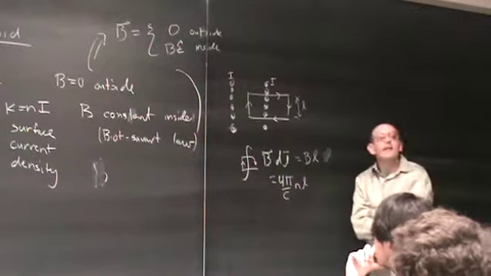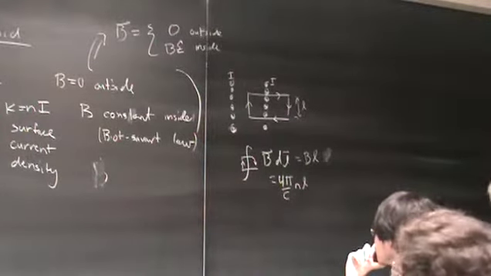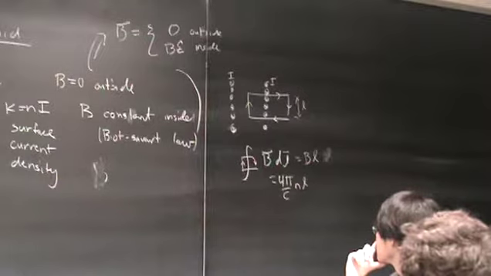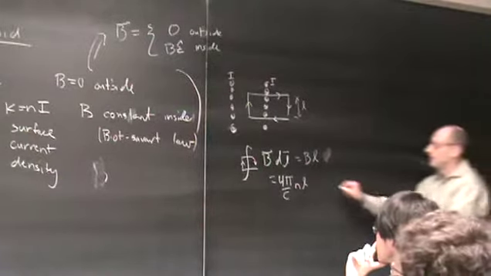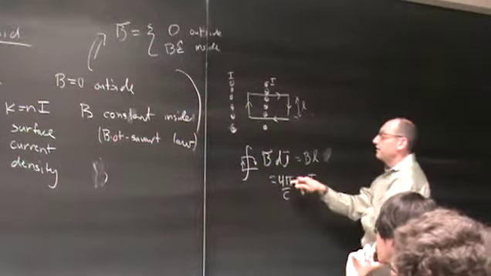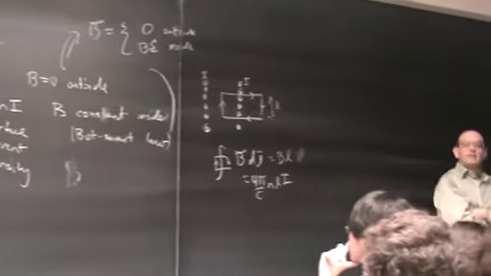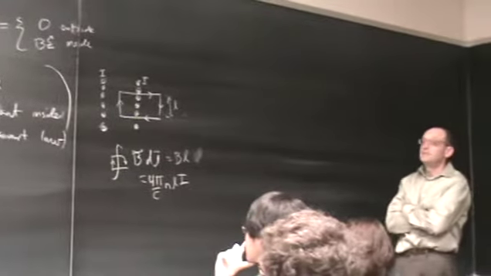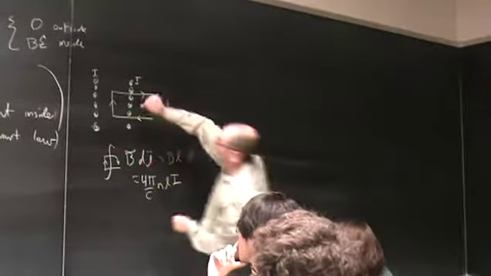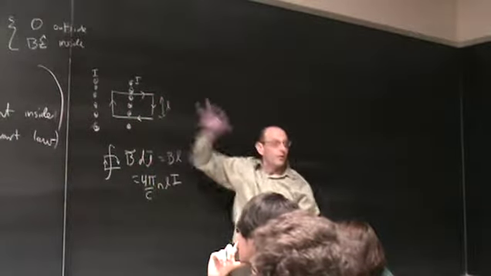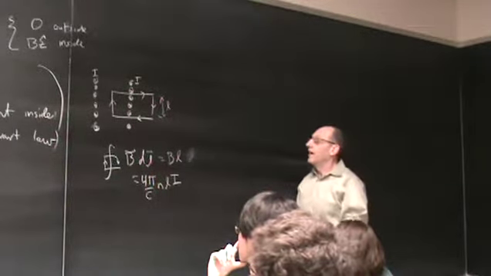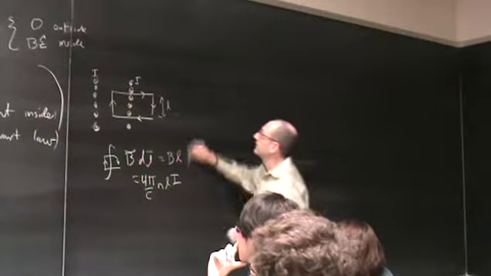Is that positive or negative relative to how I drew? You don't have the current in there. Sorry? There's no current term. Times I, yes. Is this positive or negative? Positive, right? Because we drew the loop this way and the flux is into the board, that's a positive integral, so that's consistent.